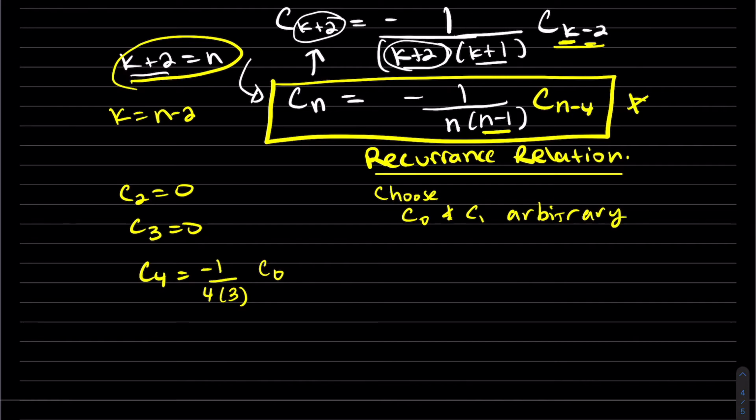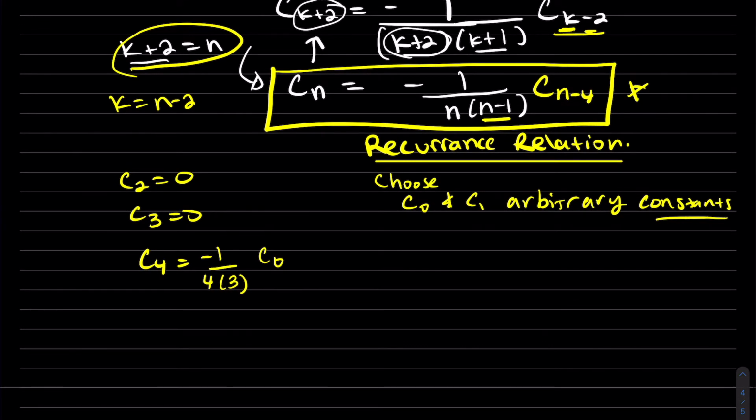We'll see that later. So C4, again, don't be too quick to multiply out these numbers because we've got to find a pattern. Once you know there's not a pattern, then you can multiply them out.